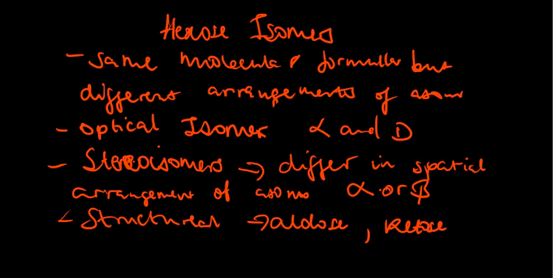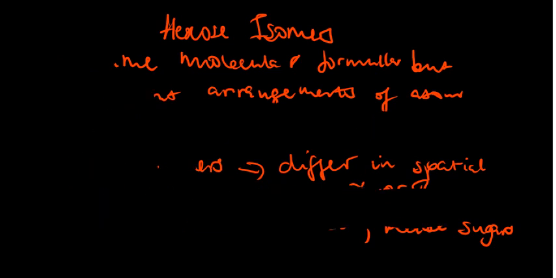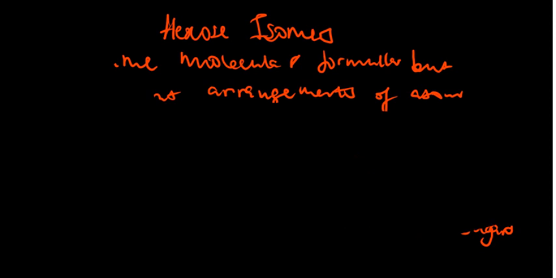So it can either be a ketose sugar or an aldose. This is what we mean when we say these are structural isomers of each other. Alright, having said that, we talk about glucose.